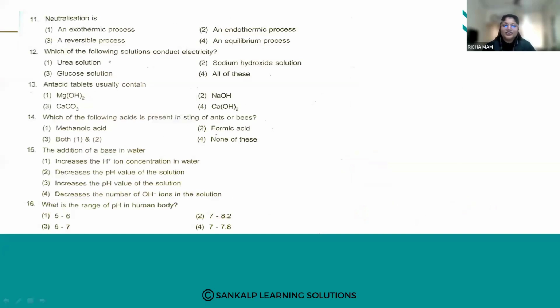Neutralization is: first one an exothermic process, second one an endothermic process, third one a reversible process, fourth one an equilibrium process. What do you mean by neutralization? I give you an example. When acid reacts with base, it will give you salt and water, and these reactions are called neutralization.